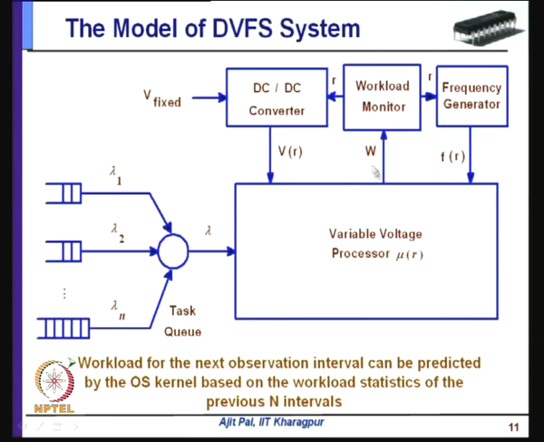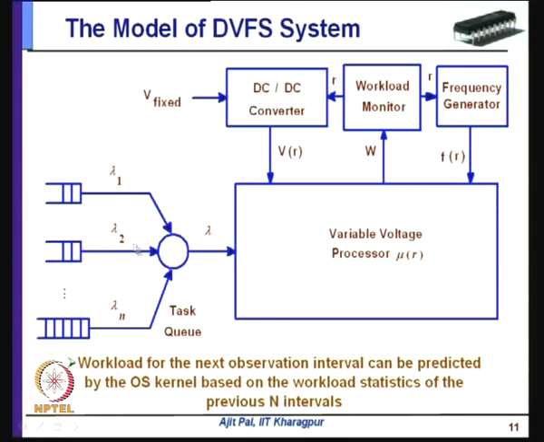And here you can see there is a workload monitor. Based on the workload, it controls the supply voltage, that means the DC to DC voltage converter is there, which receives a fixed voltage and generates different voltages. Similarly, you have got a frequency generator that controls the frequency.